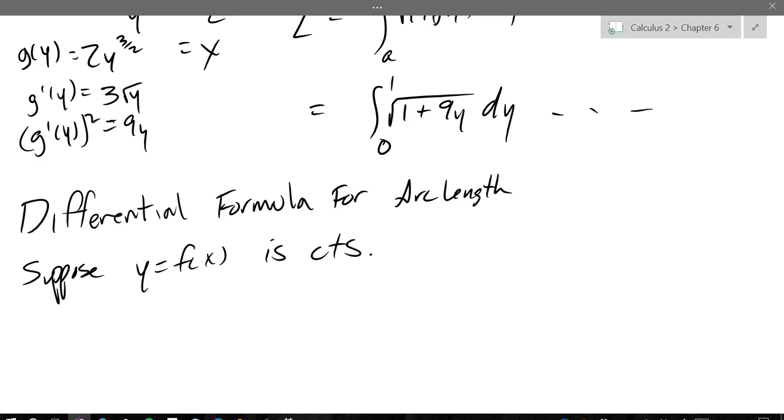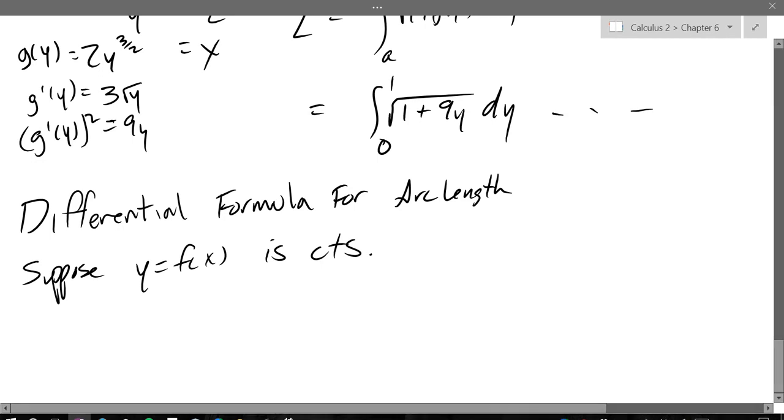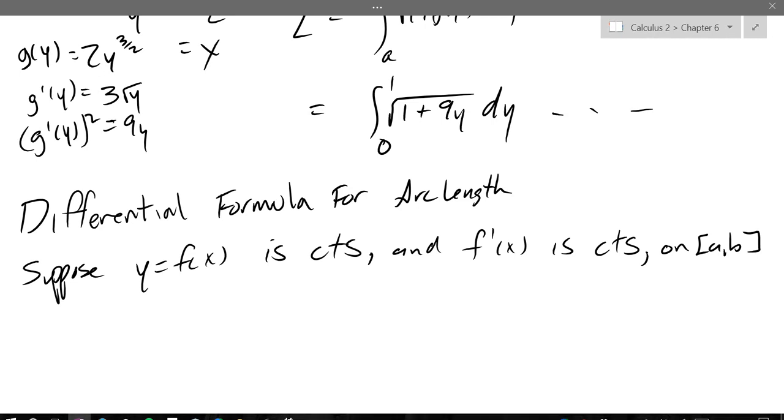All right, so we're going to suppose we have a continuous function and the derivative is continuous on the interval a, b. I don't really care if it's continuous everywhere, but we want it to be continuous from a to b.